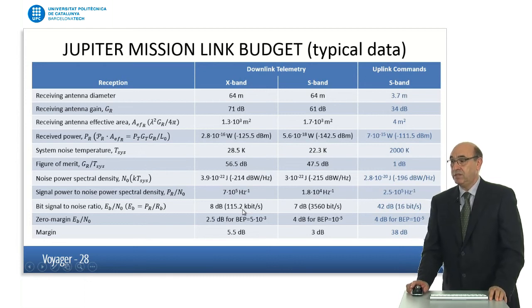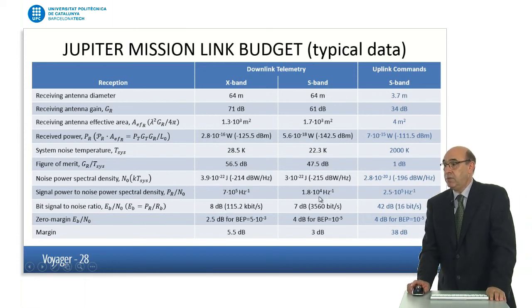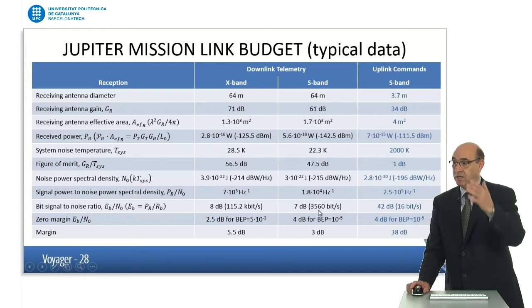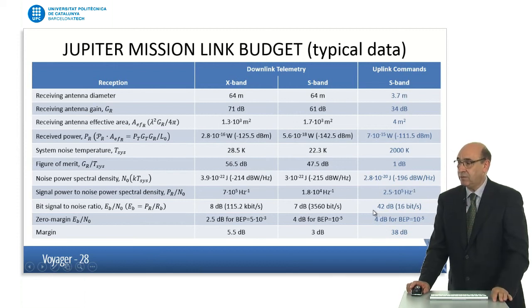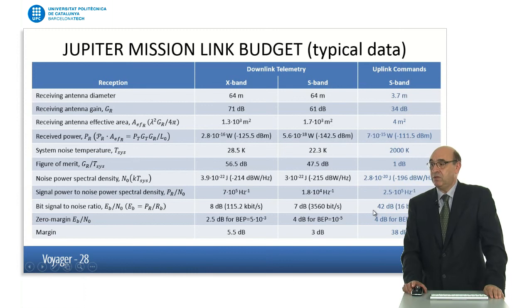Now, when you enter this number, then you can find the bit signal to noise ratio, which is 8 dB. If you go to S-band and you do the same, but now for the typical maximum data rates, which is below this number, then you get 7 dBs. And for the uplink, there are plenty of dBs, so you have a very large margin there. But the code we were using required a minimum of 2.5 dBs of the signal to noise ratio for this bit error probability.